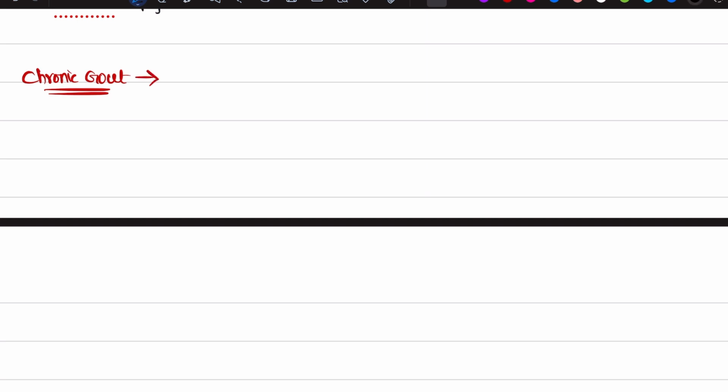Let me write it first. If the increase in uric acid level is greater than 7 mg per deciliter, here we'll start the treatment.